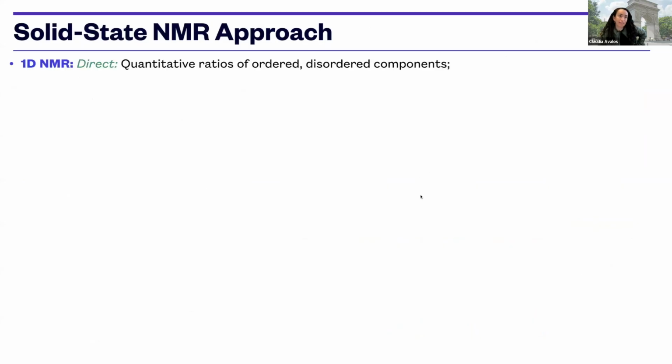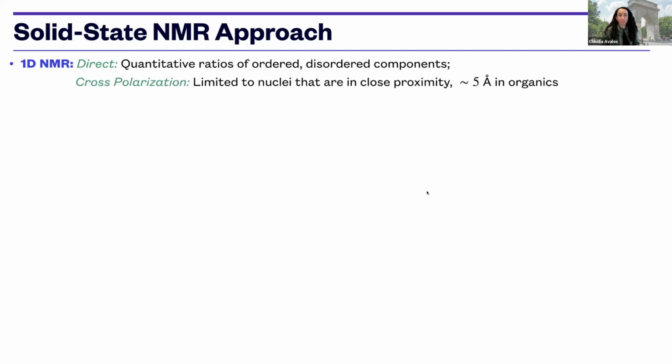So what are the workhorse experiments to study this class of systems? You can have your 1D, giving direct quantitative ratios of ordered and disordered components. You can do cross polarization, limited to nuclei that are in close proximity, on the order of 5 angstroms in organic systems.